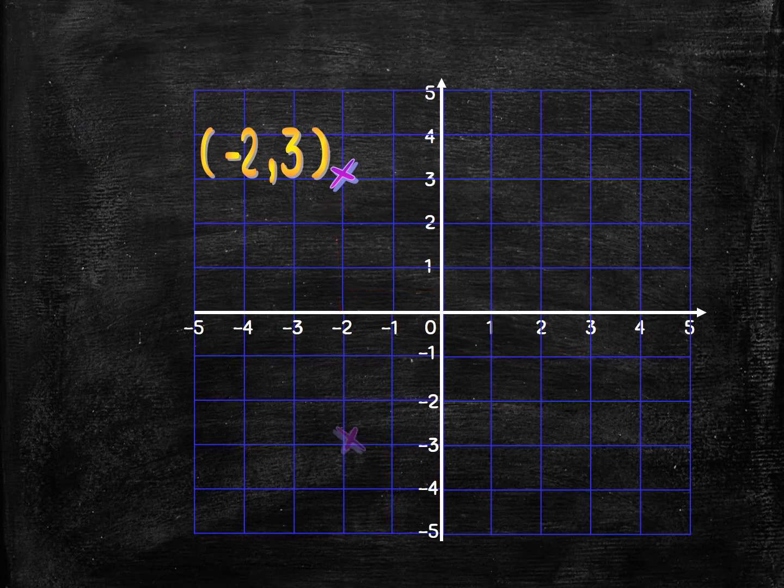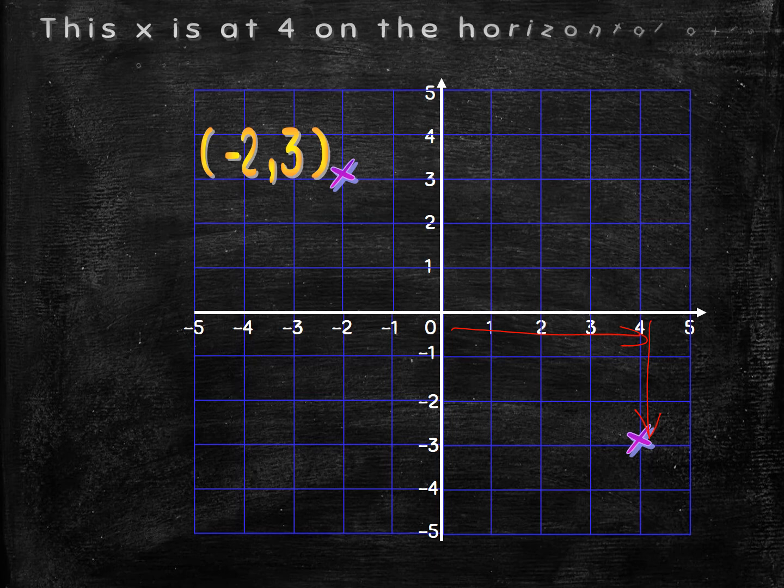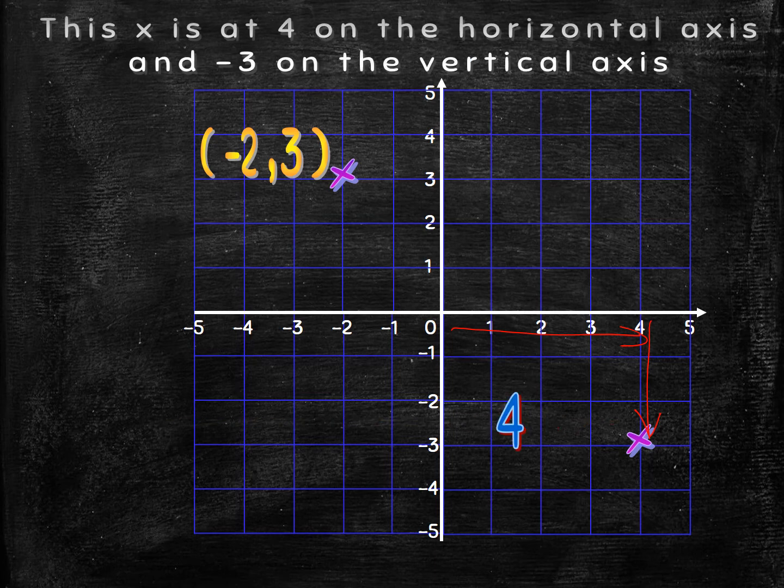We've got this point here. So we've gone across to 4 and then we've gone down 3, or down to -3. So our first part is the 4. Our second part, of course, is the -3. And then we separate it with a comma with brackets around it.